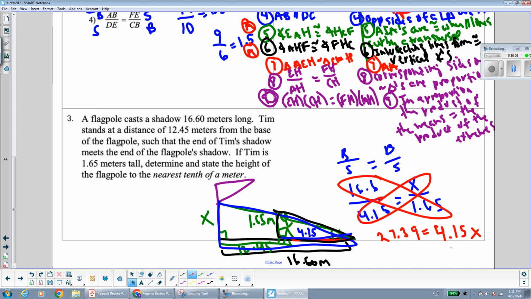And I got 6.6. Oh, I put 6. Wait, did I put 16.6? Yeah, 16.6 times 1.65. And then, okay, I did it right. So 6.6 meters is the height of the flagpole. Okay, moving on.